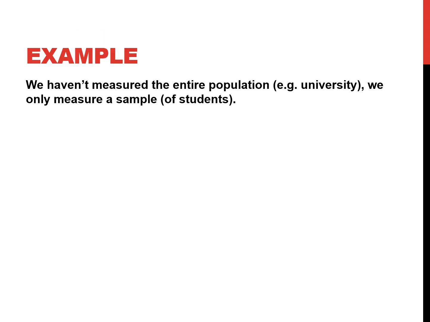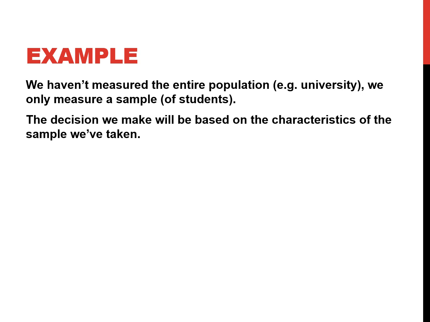So just an example, so we don't measure the whole population, we only really measure a sample of that population. So for example, we talk about the university and students, and the decision we make is based on the characteristics of the sample that we've taken. So that's something to bear in mind.